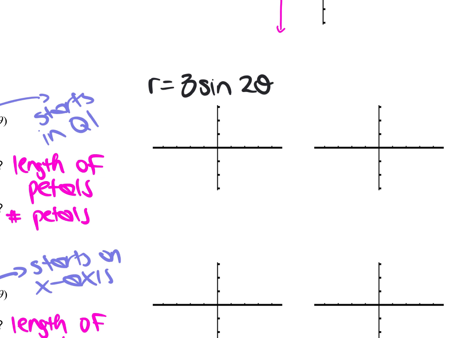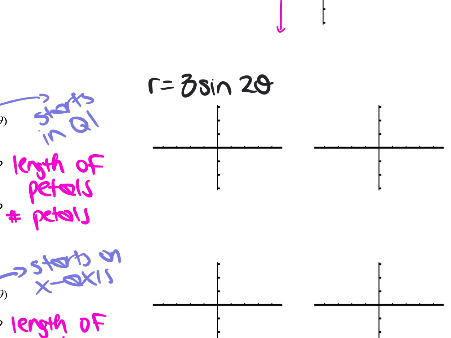So you are going to think to yourself, I need to kind of evenly fit 4 petals in this graph, okay? So when I do this, I know it's a sine graph, which means it starts in quadrant 1. So that does not mean one of the petals is centered over the x-axis the way it would if it was a cosine, okay?